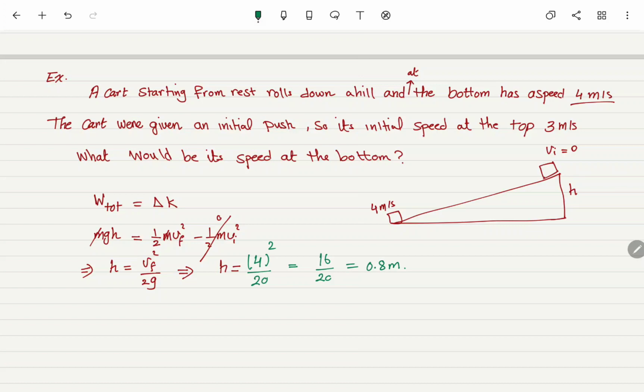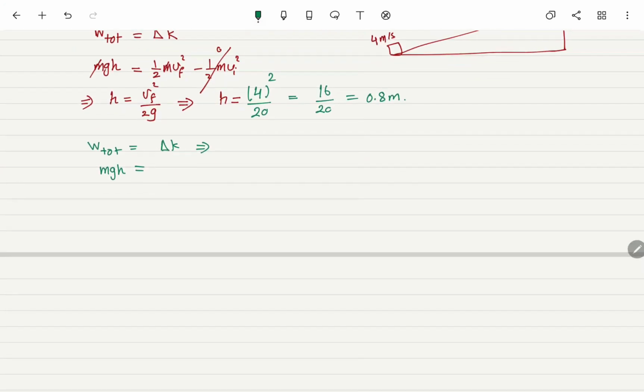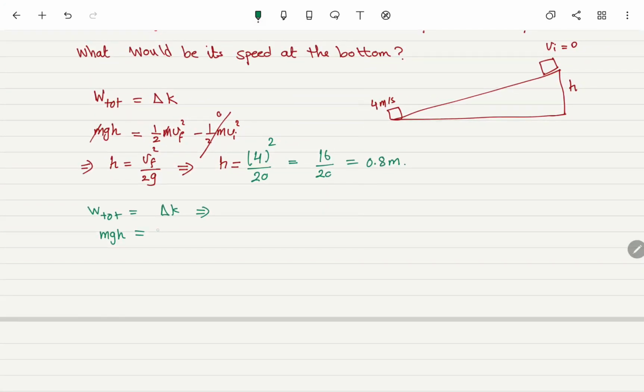Now let's go back to the second case, when the cart is given an initial speed equal to 3 meters per second. We would like to find the speed right at the bottom. Now we will use the same rule here. Work total equals delta K. Work total mgh equals half m v final squared minus half m v initial squared.